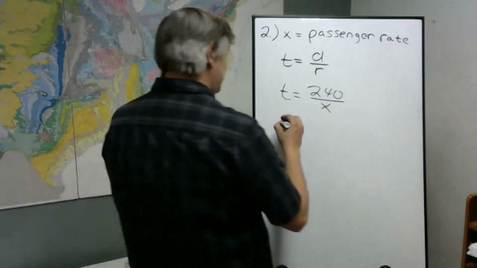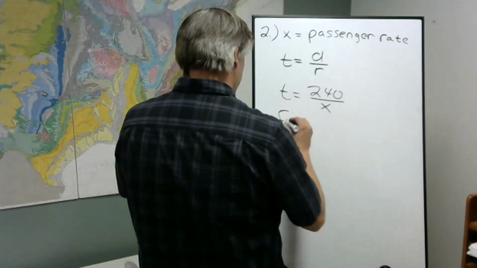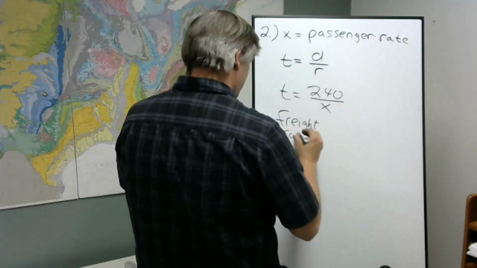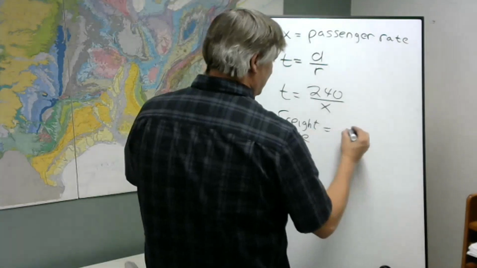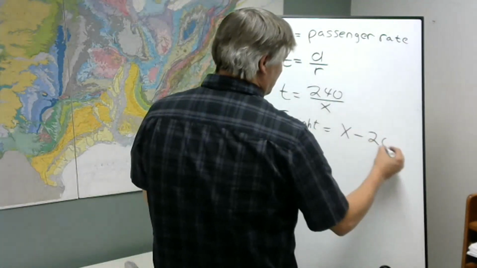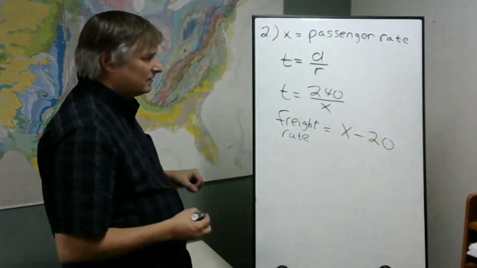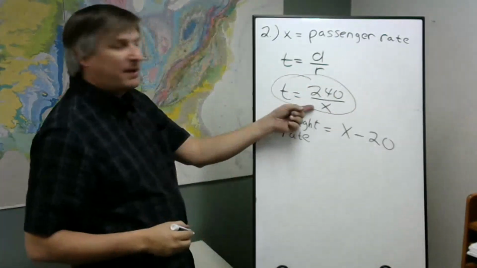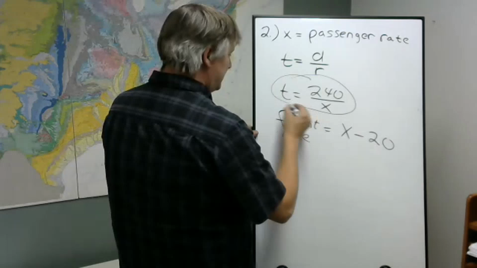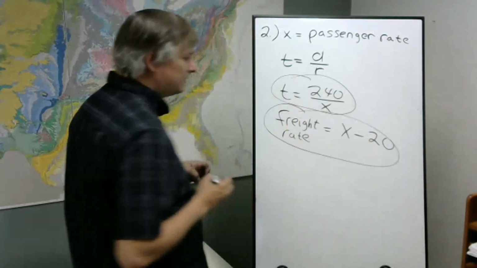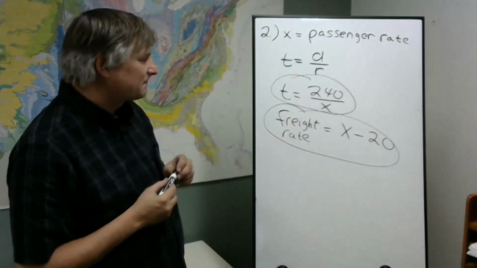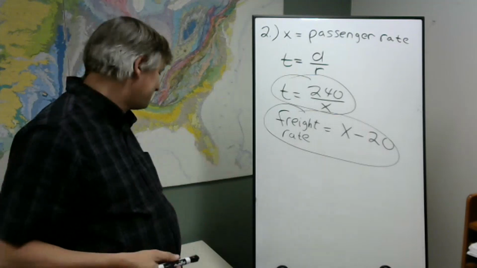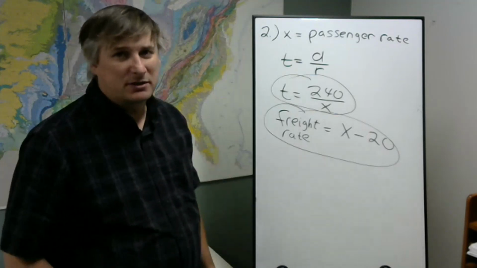Also, we'll be able to find the freight rate. That'll be x minus 20. So if we do need to find the time, it's in terms of the passenger rate. So we've got to come up with an equation. How do we construct an equation?